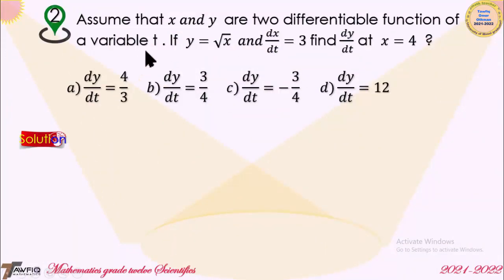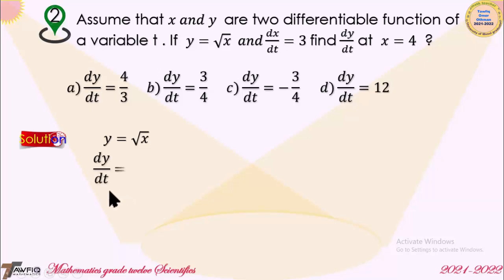Assume that x and y are two differentiable functions of a variable t. If y is equal to square root of x and dx over dt is equal to 3, find dy over dt at x equal to 4. First of all, we have the equation y is equal to square root of x. Take the derivative with respect to t.